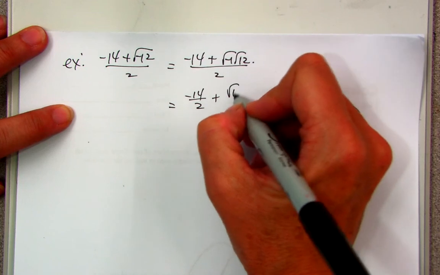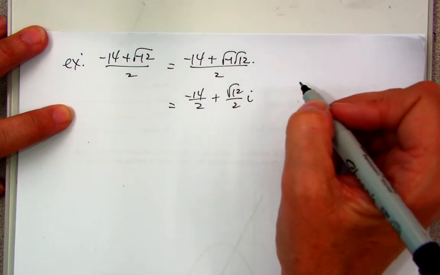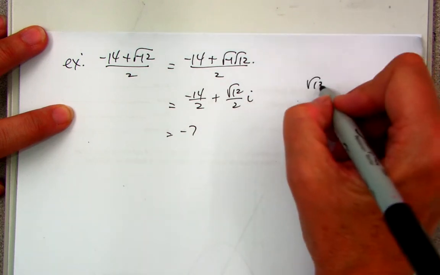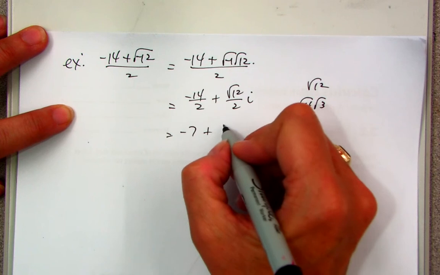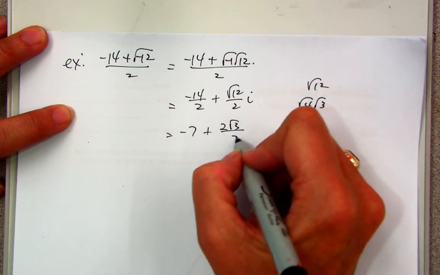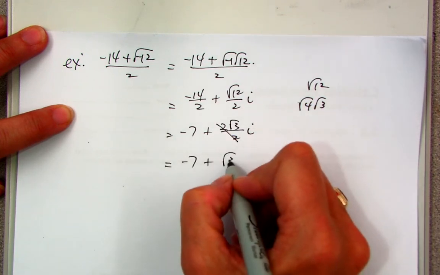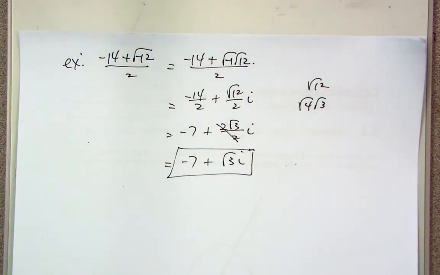So let's see, square root of 12 is left in the numerator over 2i. Well, let's see, square root of 12 is really square root of 4 times square root of 3. So that is 2 square root of 3 over 2i. Lots of algebra.